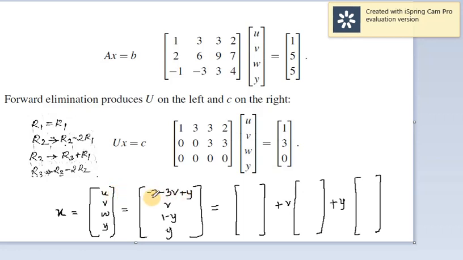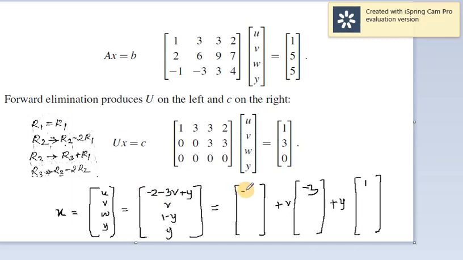So with v, that is minus 3, let's write minus 3 here. And with y, that is 1. So in the first row, minus 3v and y are being written. But what about this minus 2? This minus 2, we need to write here.